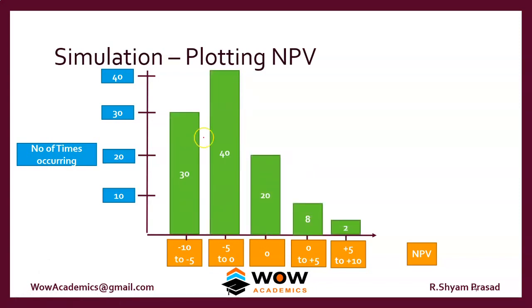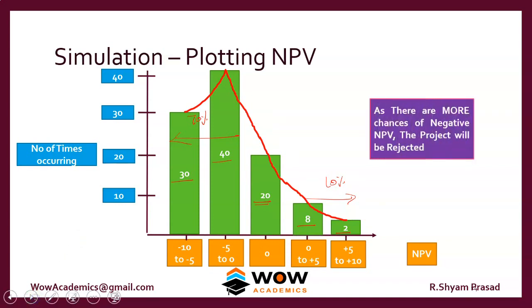So if you see here, there's a 70% chance of NPV being negative, and there's a 10% chance of being positive, and a 20% chance of NPV being zero. So your plot will be like this. So if you have a plot like this, it means that as there are more chances of negative NPV, the project will be rejected. So that is about the simulation.